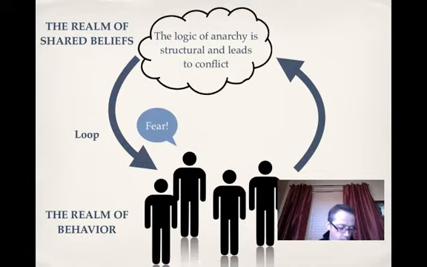And here in diagram form we put a little bit more emphasis on detail into what these terms mean. You see here this loop, we've got the interference reflexivity loop going on. And so in diagram 1 here, we see clearly something that looks a lot more like realism, right? We look up into the thought bubble here and we say that the logic of anarchy is structural and it leads to conflict.